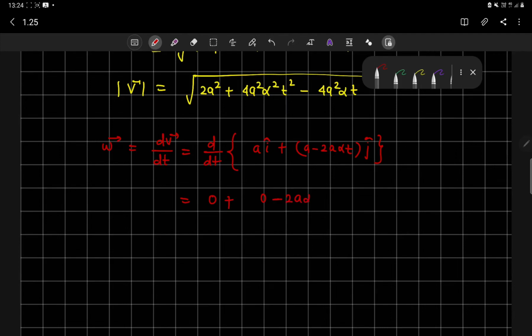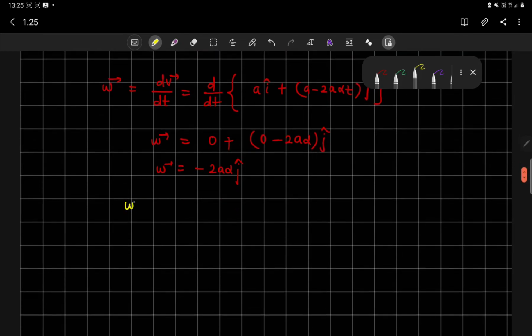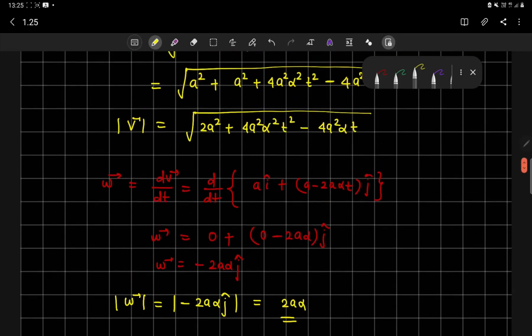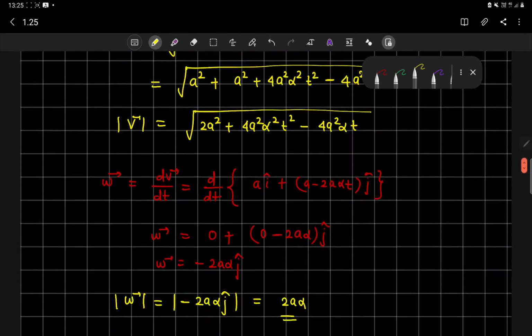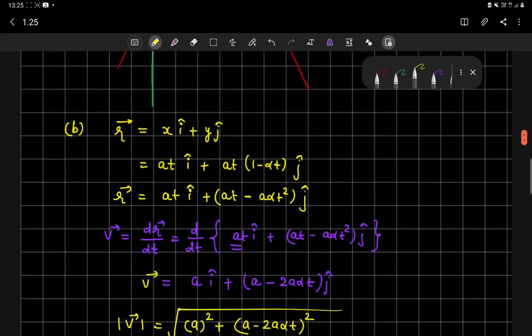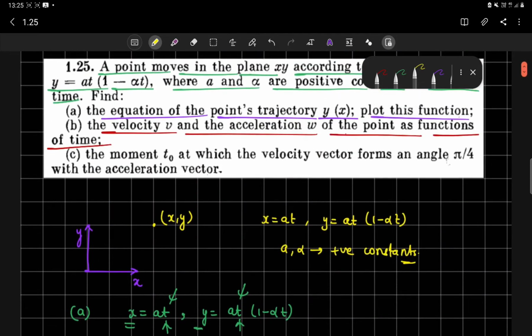So the acceleration vector we can write as minus 2a alpha j cap. If we write the modulus of this acceleration vector, minus 2a alpha j cap mod, that is equal to 2a alpha. So here we got the velocity vector, acceleration vector, and the magnitudes of velocity and acceleration.